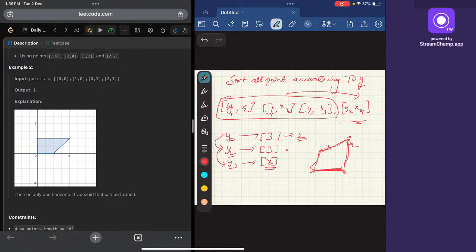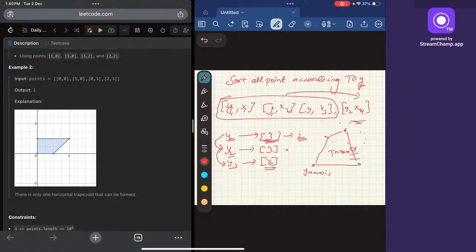I'm going to fix one axis and count the others. If I fix this y, I need a different y other than these 2 points, so different y's will give me different trapezoids.